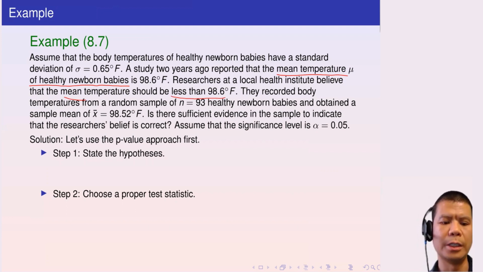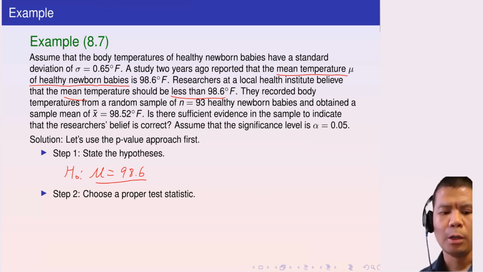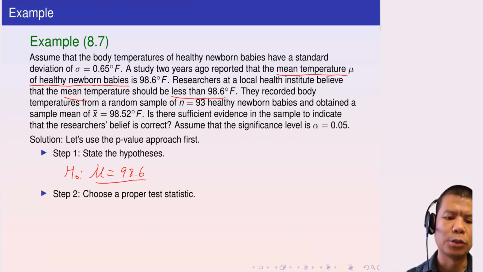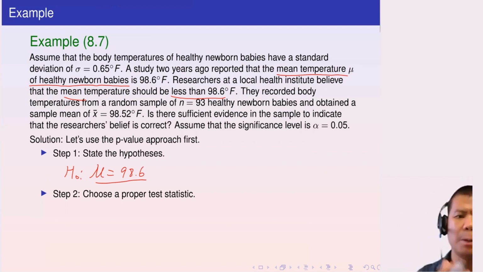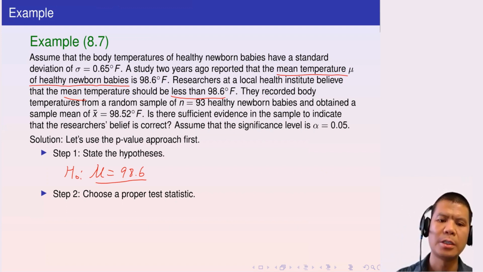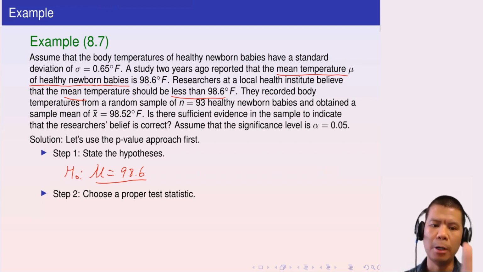We know that the null contains the equal sign, so mu equals 98.6 about the population. Be careful: the hypothesis is always about the population. It's never about the sample. Here we have this statement: the mean temperature of a healthy human is 98.6 Fahrenheit. This is about the population.